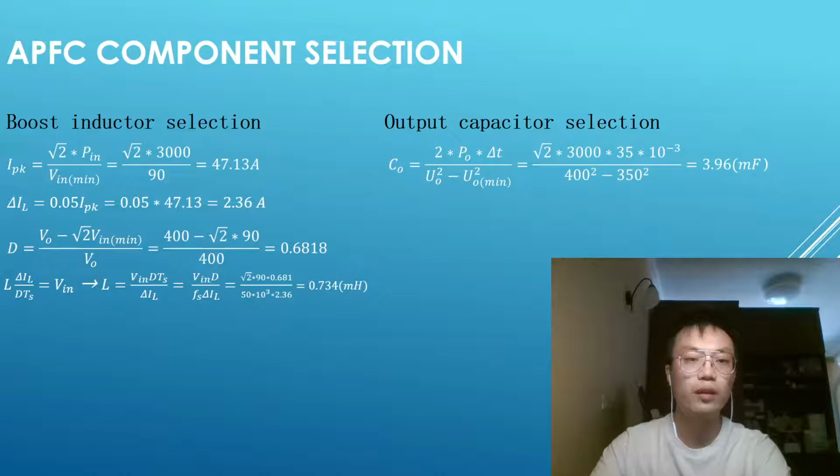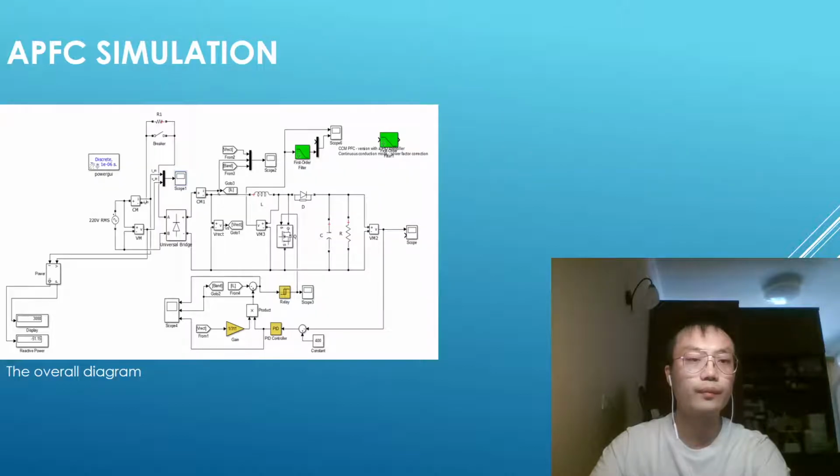In this formula, the hold-up time is set as 35 ms and the minimum output DC voltage as 350 volts. It is proper to set the value of the capacitor as 4 mH.